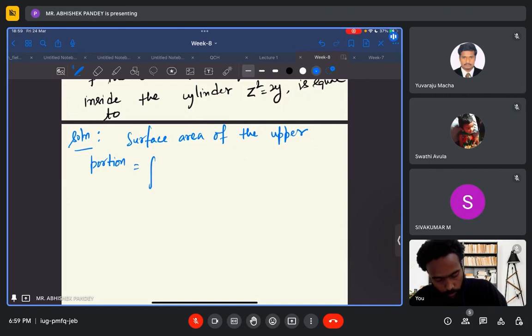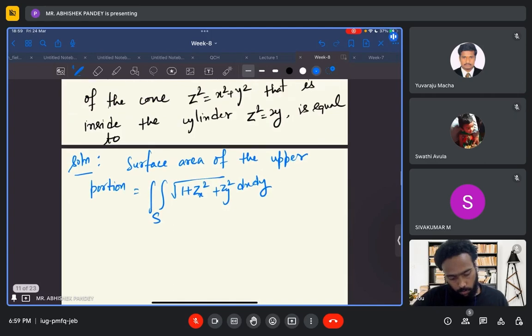is basically equal to the double integral over S of root of 1 plus zx square plus zy square dx dy.